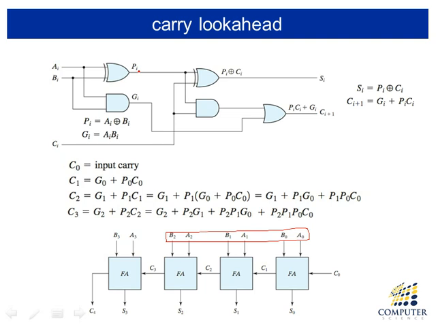for the intermediate node, this part let's define as P_i, which is exclusive OR of A and B. The G is this point, which is AND of A and B. Then the sum is expressed as P exclusive OR C. And the carry is defined as this AND gate is P and C, and the OR gate is G. So C is defined this way.